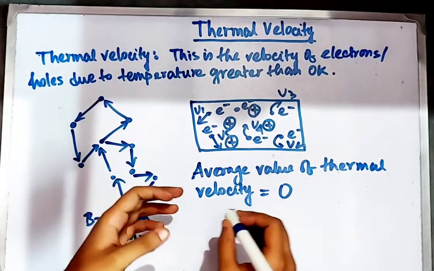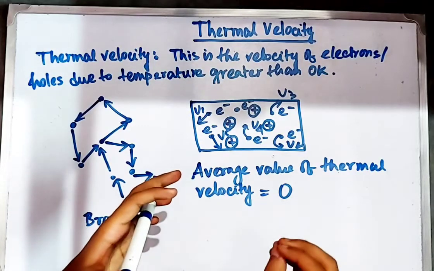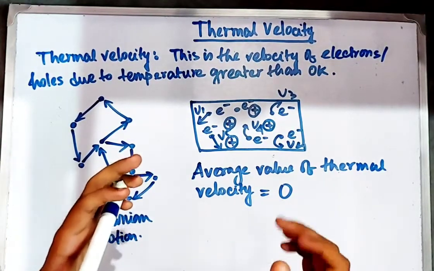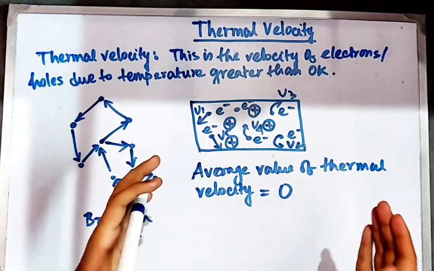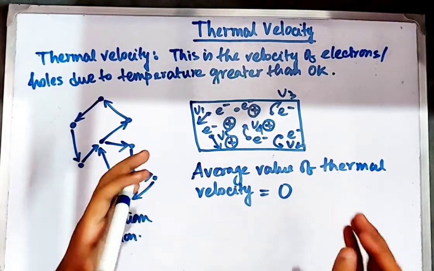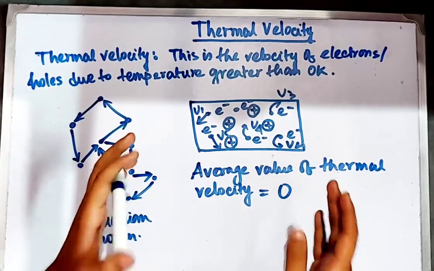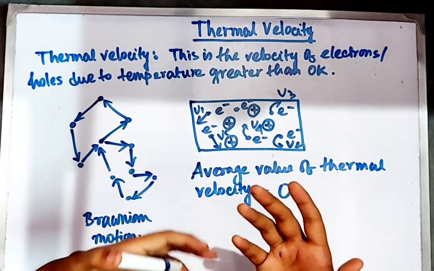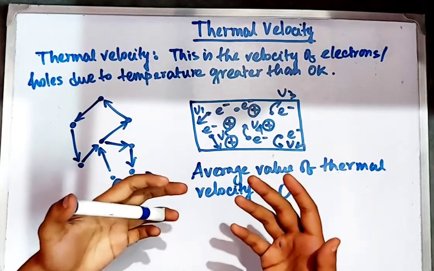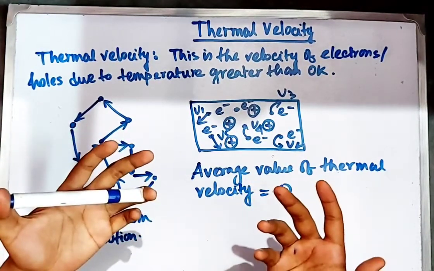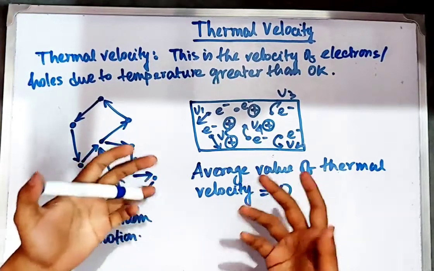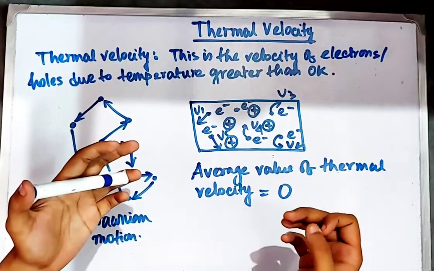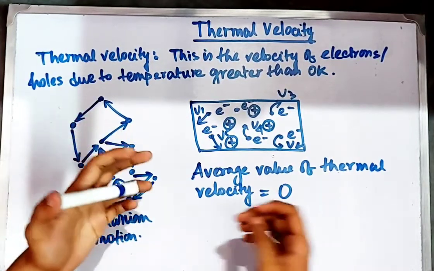So of course it is a rule of nature that the average value of the thermal velocity must be equal to 0. Otherwise, without applying any external force we could get a current, and the energy conservation rule would be broken, because that is not possible.